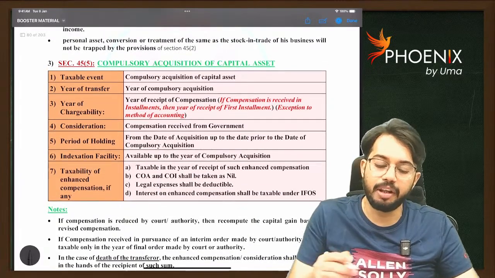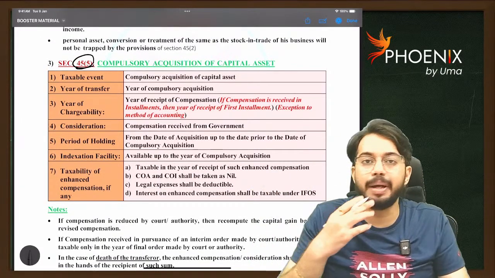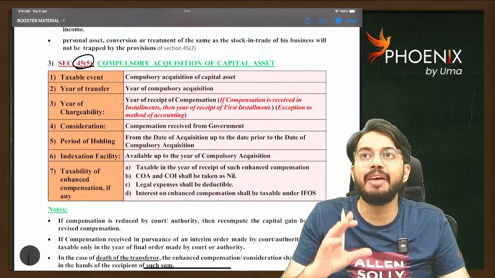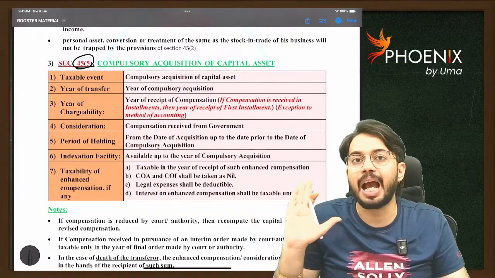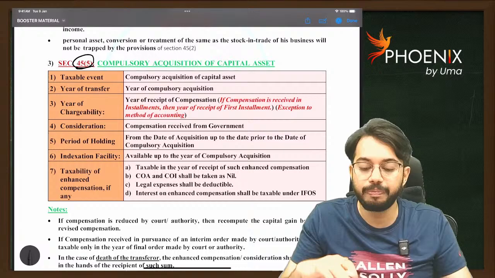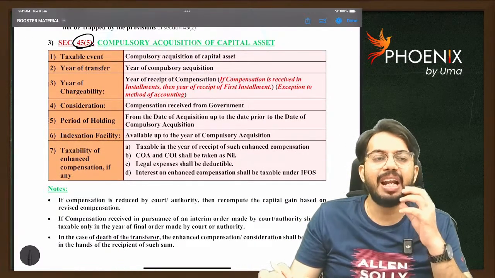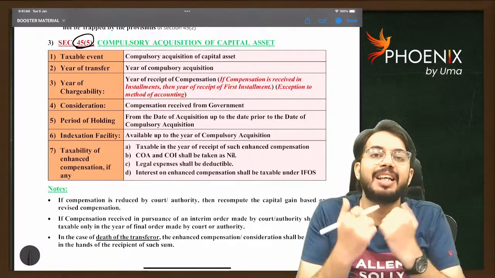Now, section 45(5). Whenever capital asset is compulsorily acquired, the government will pay compensation. So, whenever compulsory acquisition is done, that is also considered as transfer and capital gains are required to be calculated. Are you able to understand? Now, one thing, whenever compulsory acquisition was done, in that year already the assessee is crying.